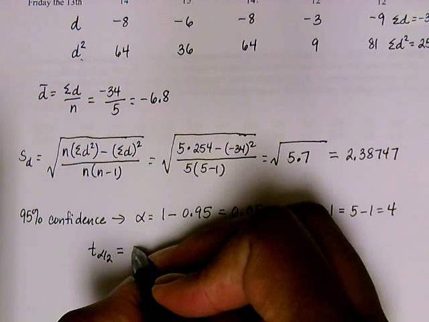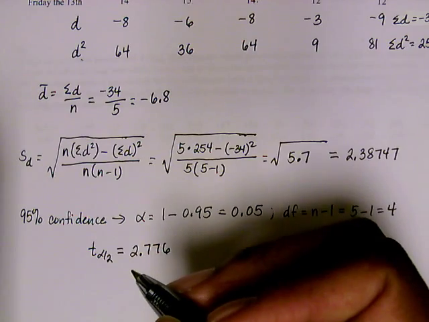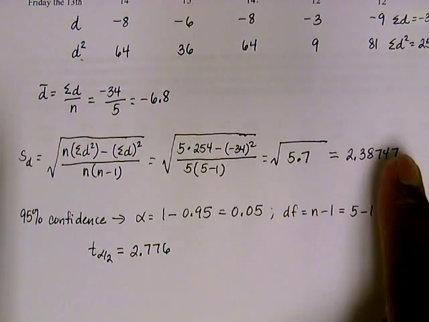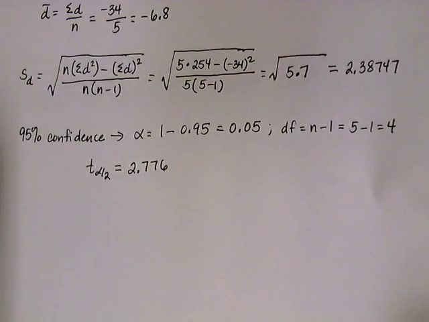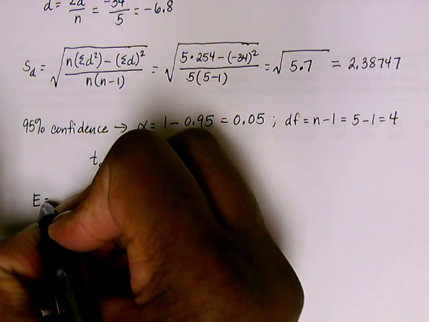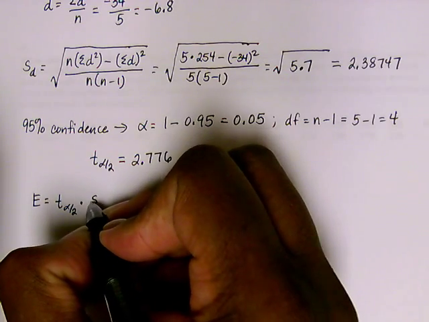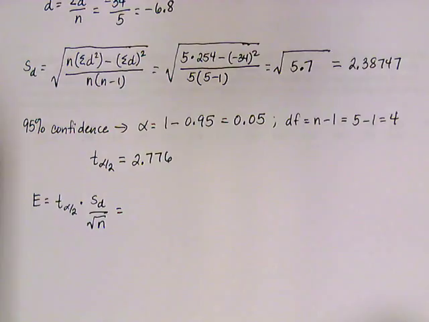So t of alpha over 2, your critical t value, is 2.776. Now we're going to use that along with our S sub d to find the margin of error. So E is equal to t of alpha over 2 times S sub d over the square root of n.